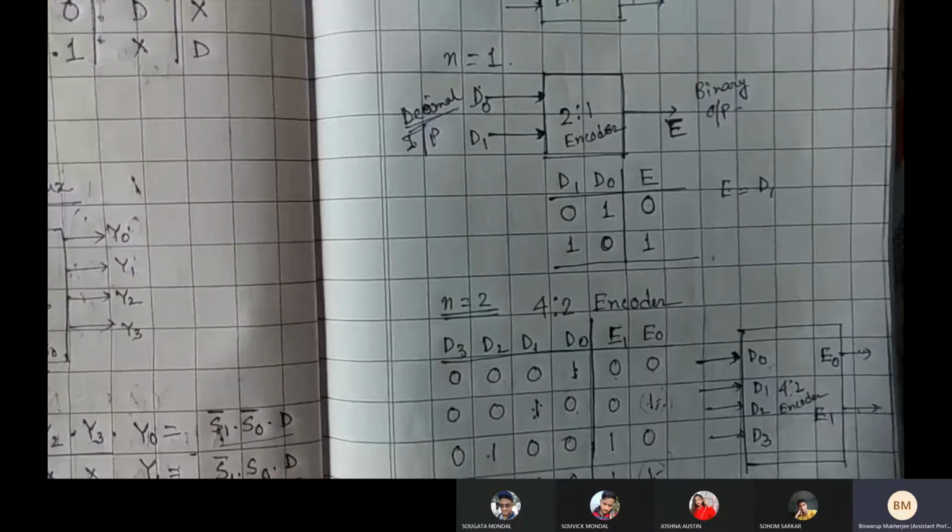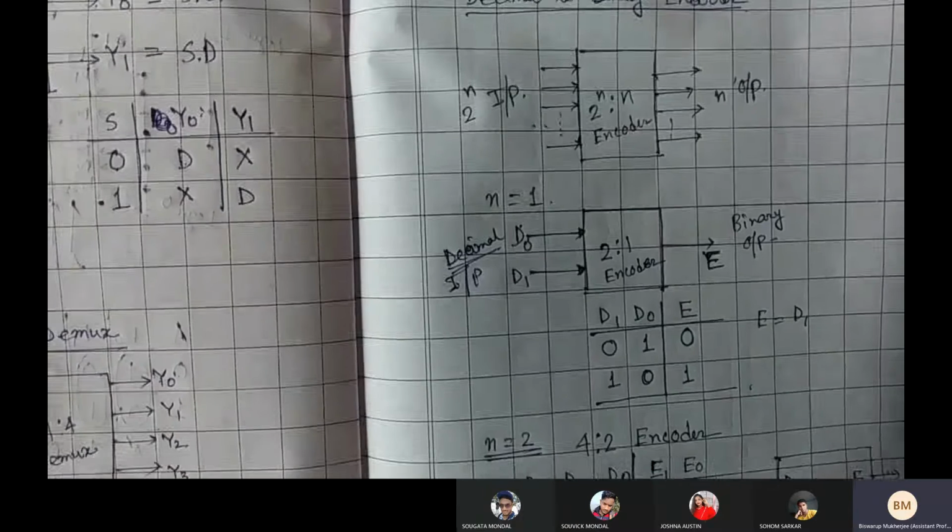There are different types of encoder available. Whenever there is an encoding possibility, one circuit is required, and that is called an encoder. Right now we are dealing with the decimal to binary encoder, and we'll discuss other encoders further.